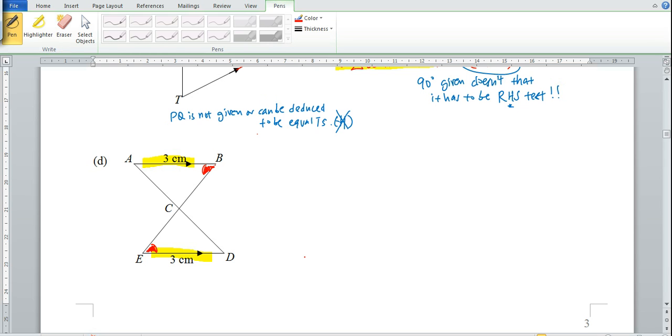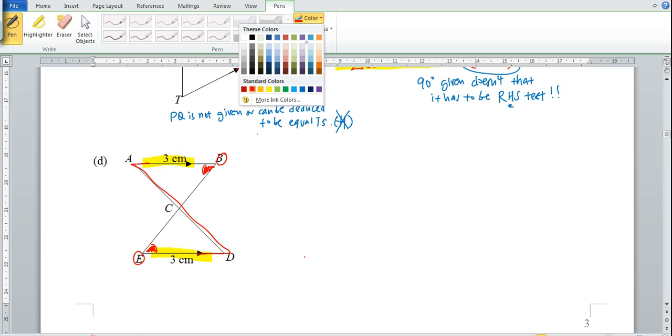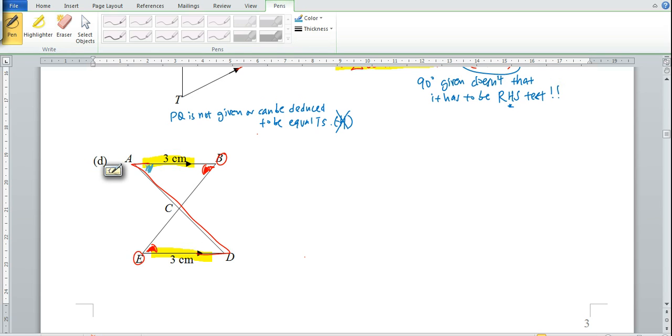So I would think that B is going to match with E, and I have another Z over here. So I can also say that there is another equal angle over here. So basically I can be using my ASA test to show that these two are congruent.